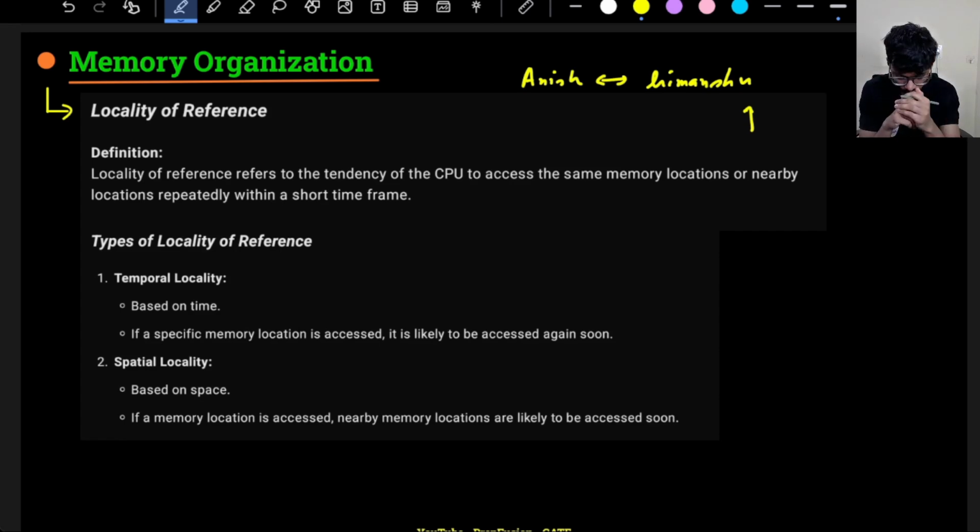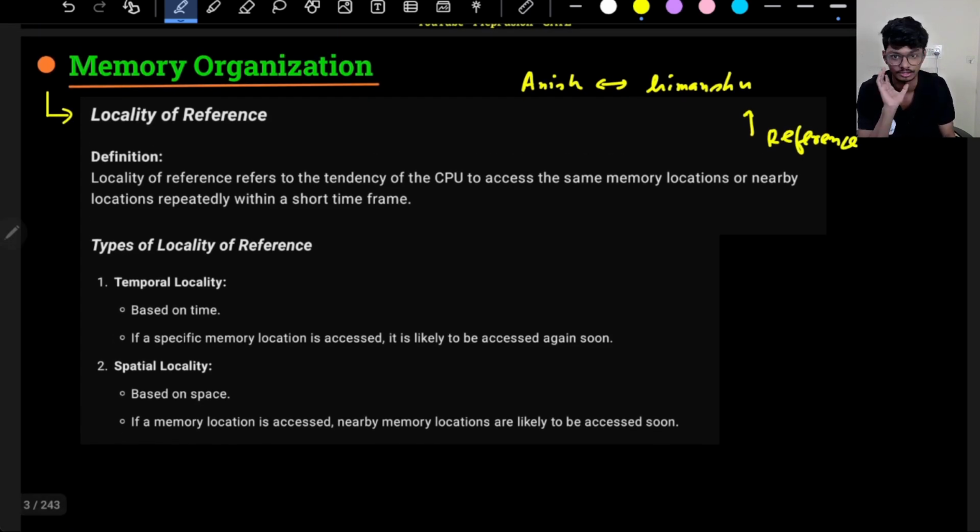So you will say, look, I do understand you don't understand the address and all those things, but I live near Himanshu's house. So I am in the locality of Himanshu. Wherever Himanshu was, I was there. So I used a reference of Himanshu, and then I told that guy that I live near Himanshu.